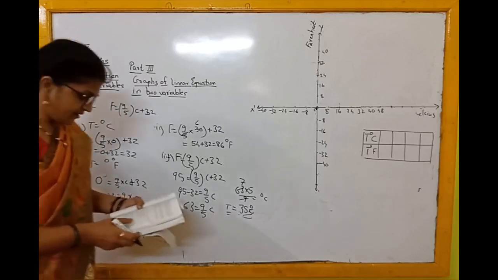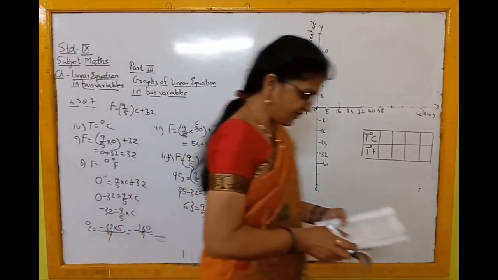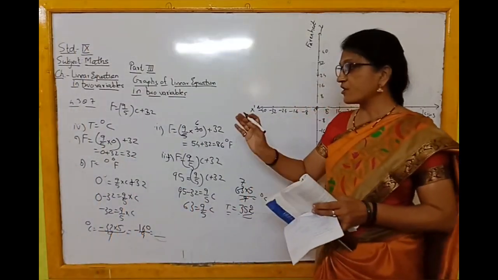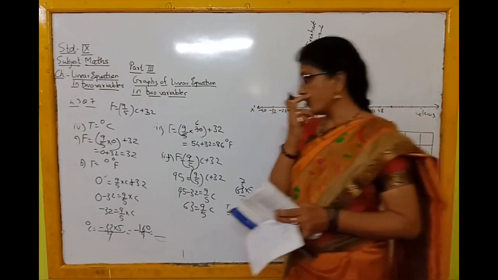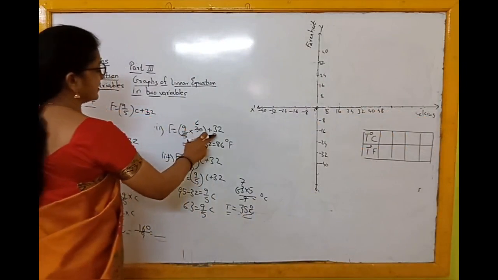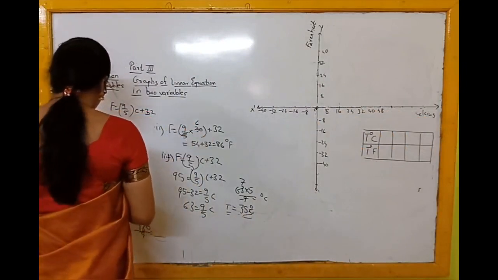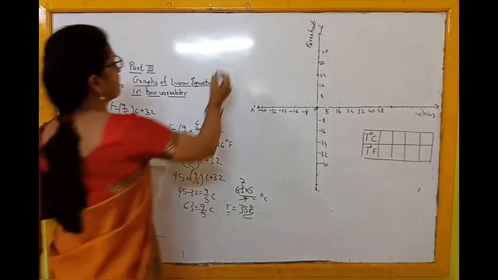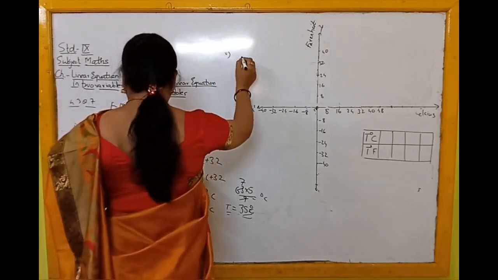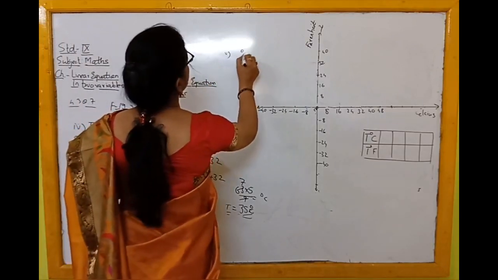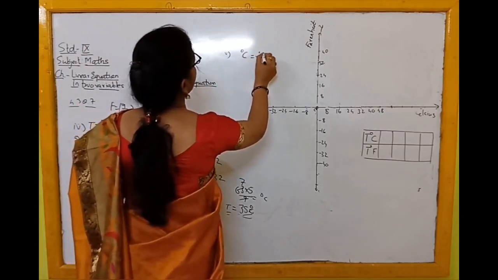Now here, is there a temperature which is numerically the same both in Fahrenheit as well as Celsius? Now this question we can find out from the graph also. Now what points we got is here: temperatures 32 and 86. The next is for the fifth question. Take the temperature in Celsius as minus 40.